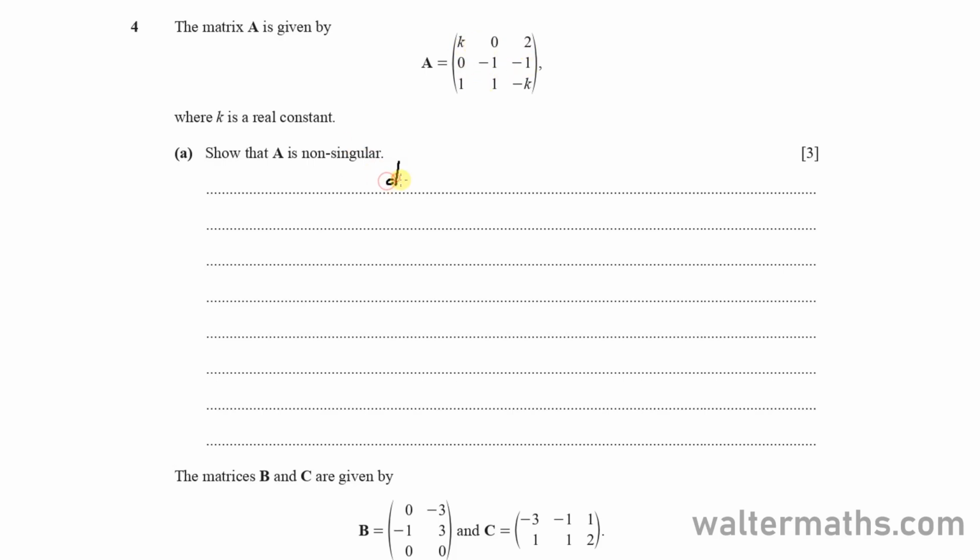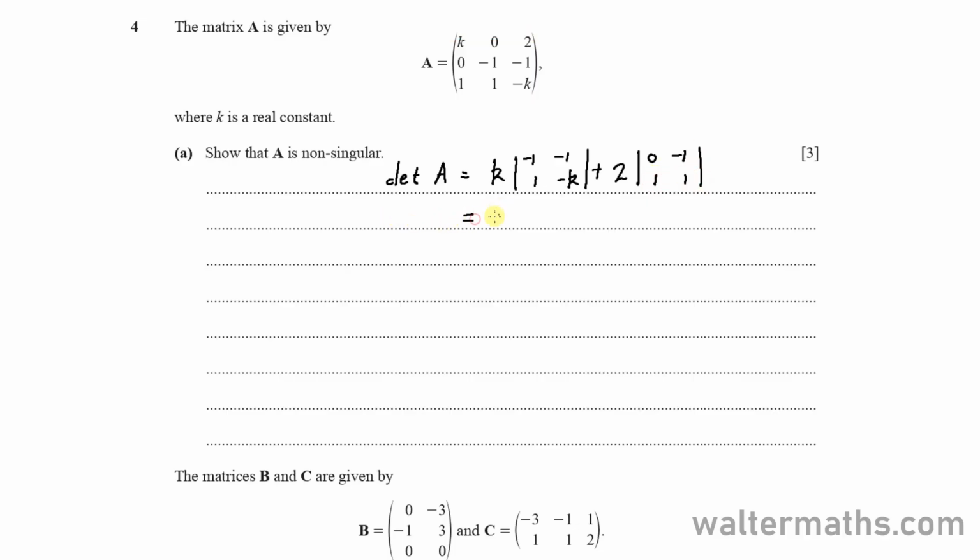So we'll say the determinant of A is equal to, and we start with k, and we close out row and column. So we'll be having the determinant of minus 1, minus 1, 1, and minus k. Then we go on to 0, and we know that multiplying anything by 0 gives us 0, so we're going to skip that. So we go on to 2 and we close out row and column. So we'll be having plus 2 times the determinant of 0, minus 1, 1 and 1.